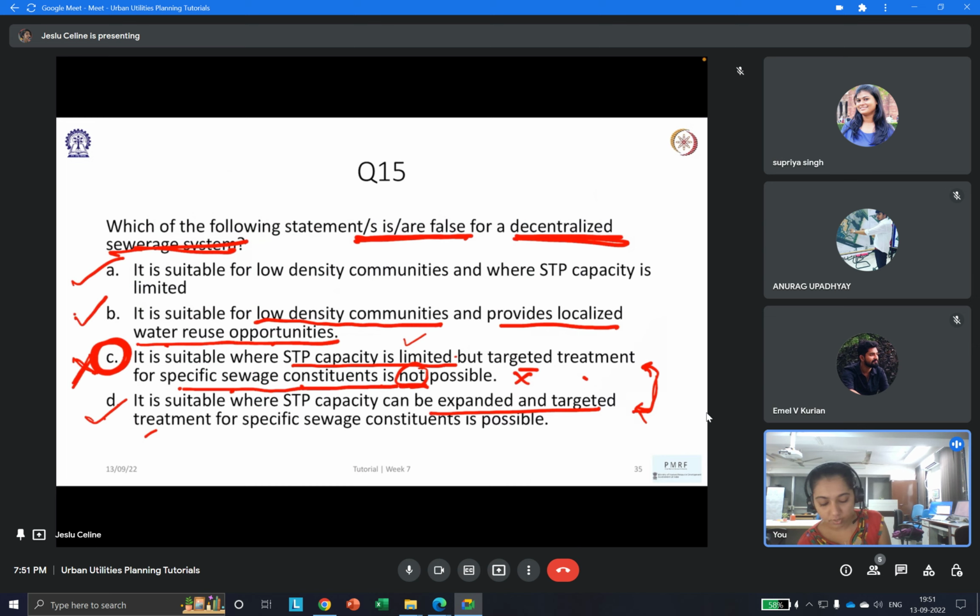Anurag was a bit confused in option B, but yes, it is right. It is for low density communities and provides localized water reuse opportunities, because any on-site system can also be employed in a decentralized sewerage system. And you have local STPs also, which allow local reuse opportunities.